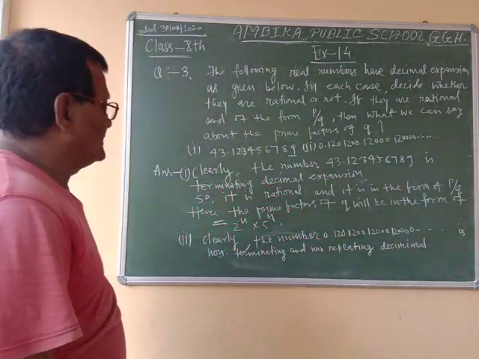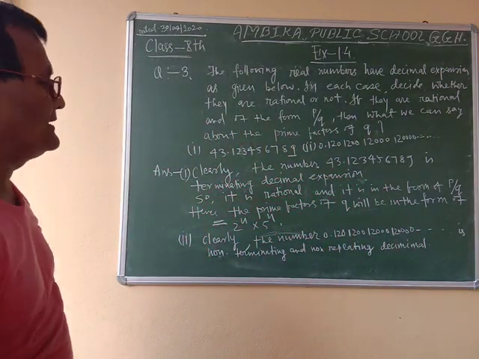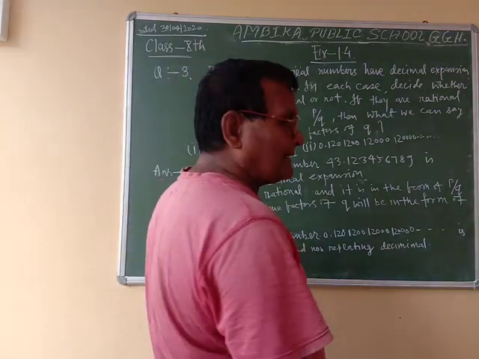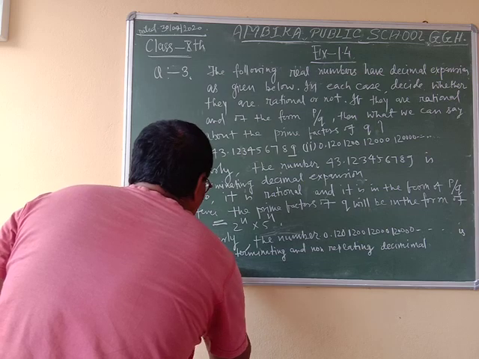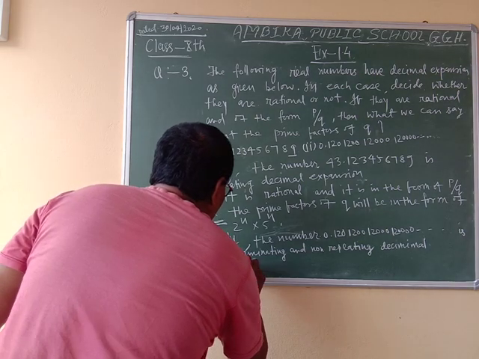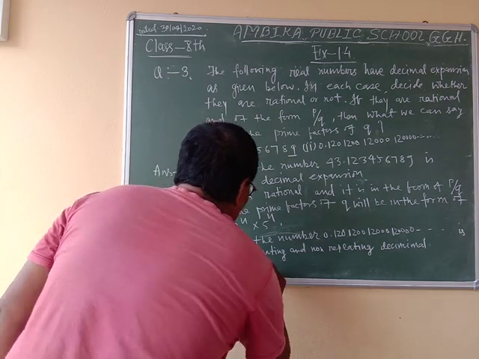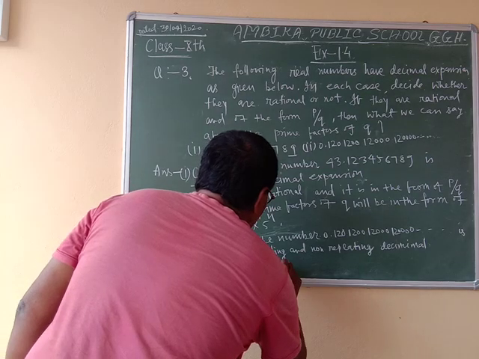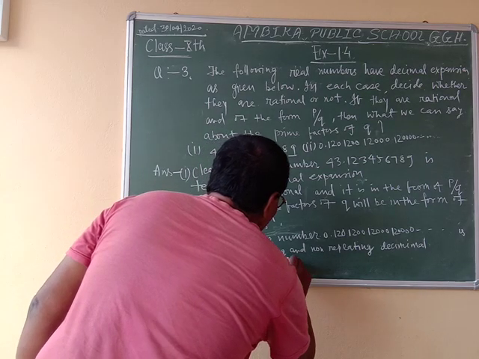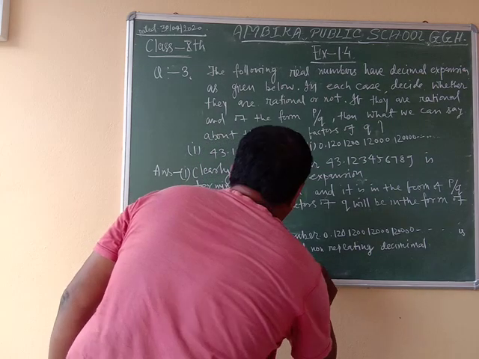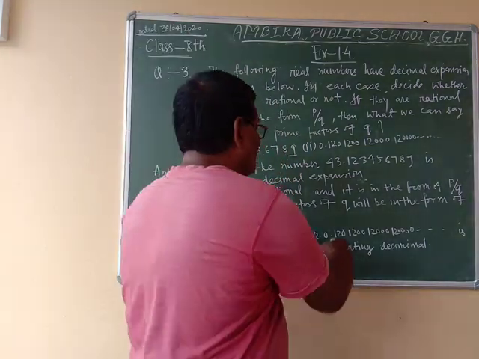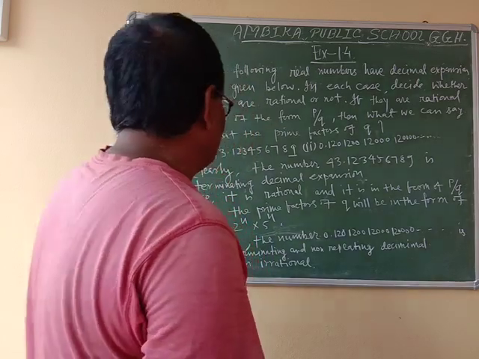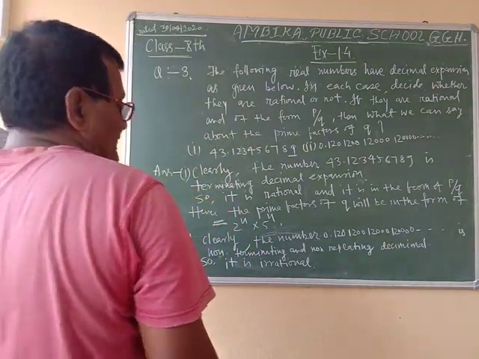We know that non-terminating and non-repeating decimals are irrational numbers. So it is irrational, because this number does not terminate and does not repeat.